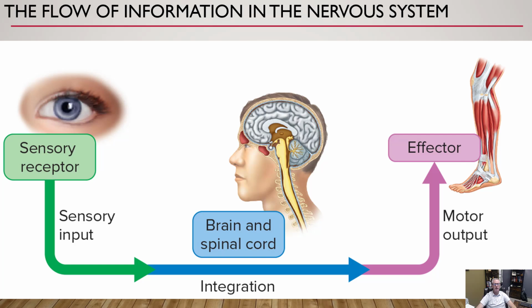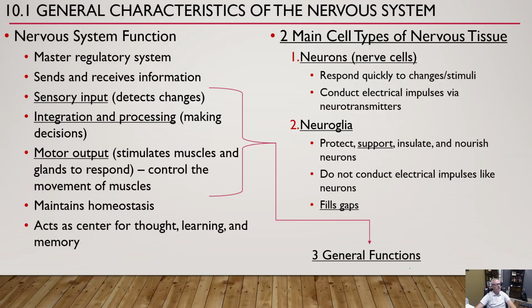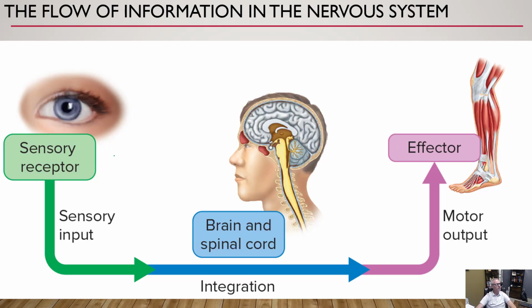So this is a picture version of these three general functions of the nervous system right here. We have receptors all over our body that detect what's going on. We have thermoreceptors that detect heat.